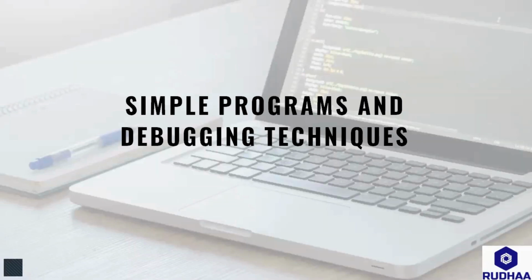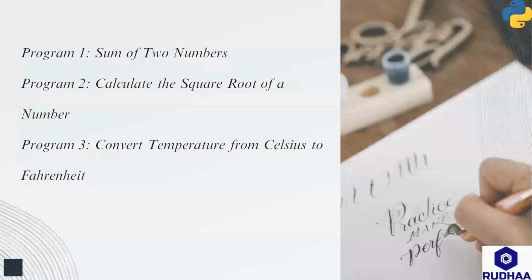Next is simple programs and debugging techniques. Now you have an idea about creating a Python program and its syntax. Here 3 simple programs are given. You can try creating these on your own. First, sum of two numbers, and second, calculate the square root of a number. For square root, you can use the math library, so import math and then take the square root.